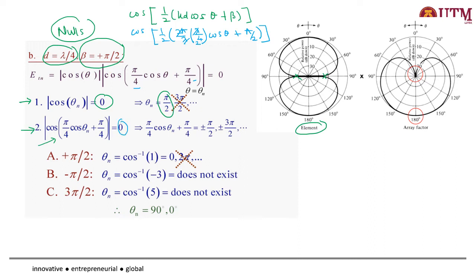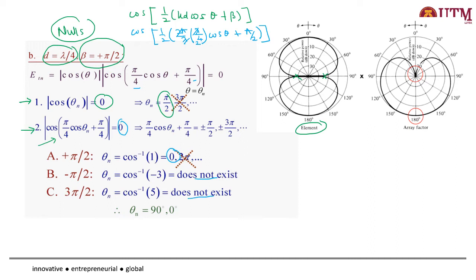It appears when theta n equals 0. When the angle theta equals pi plus or minus pi over 2, it doesn't exist, and for 3 pi over 2 plus or minus, it also doesn't exist.